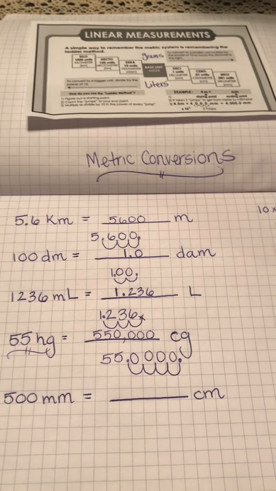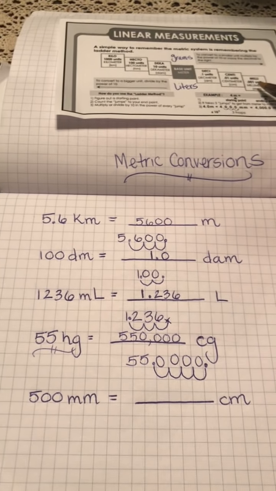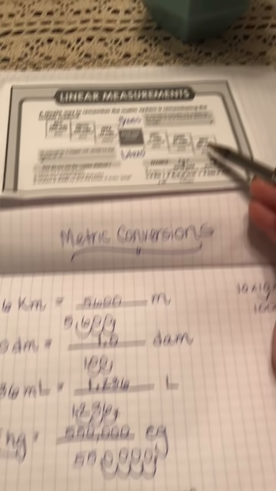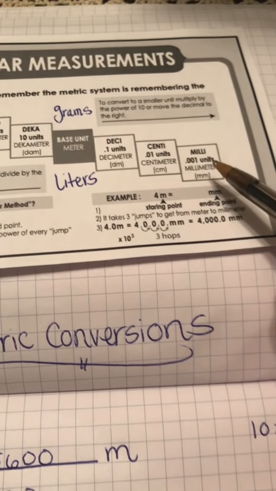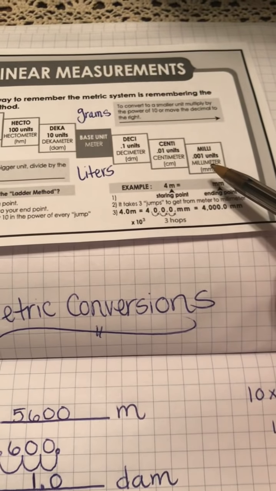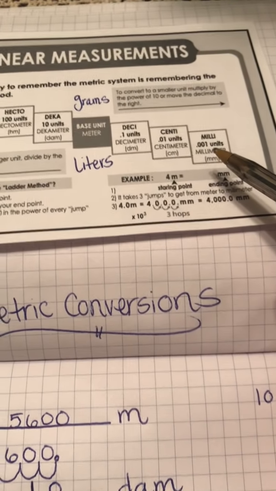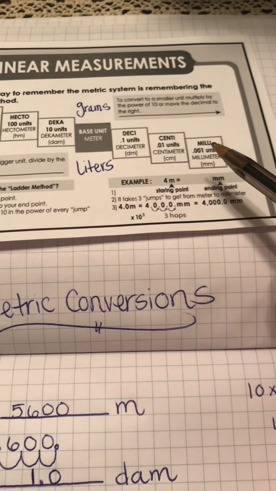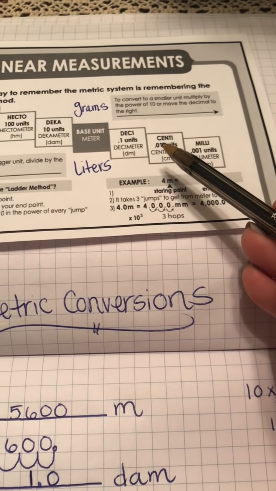Last but not least, I have 500 millimeters, which is down here at the bottom. Those are the little tiny marks within your centimeters. I have 500 of them. I want to see what the relationship is just between millimeters and centimeters.